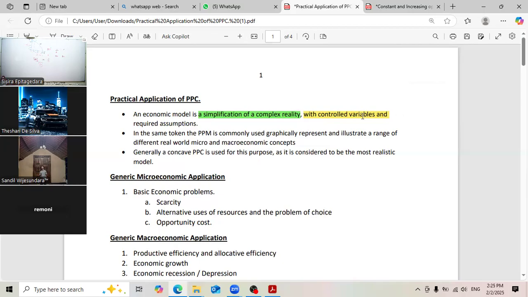I think yesterday I told you: with control variables and required assumptions, we make 4 assumptions when drawing a PPC curve. The reason is to simplify the complex reality. Reality is so complicated and complex. To make it easy, we can use assumptions. Is that clear?